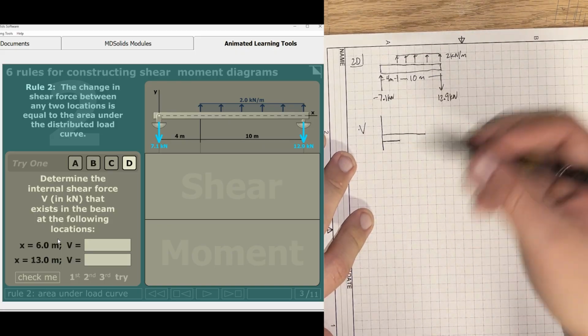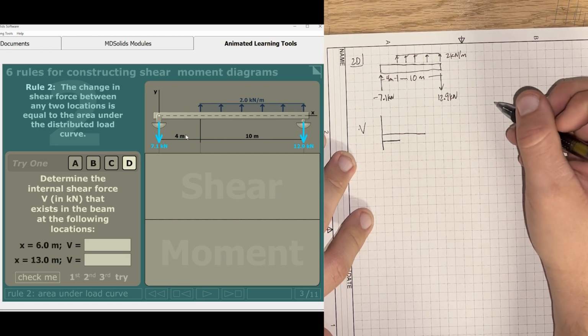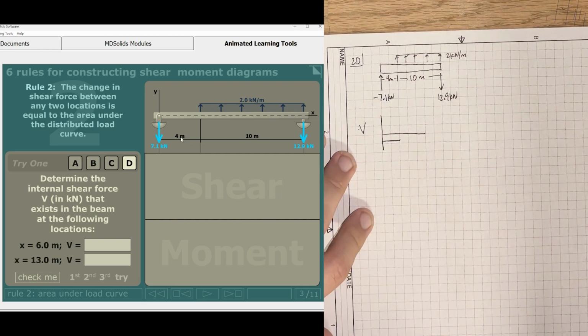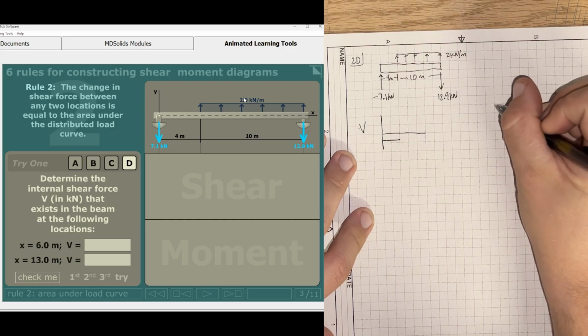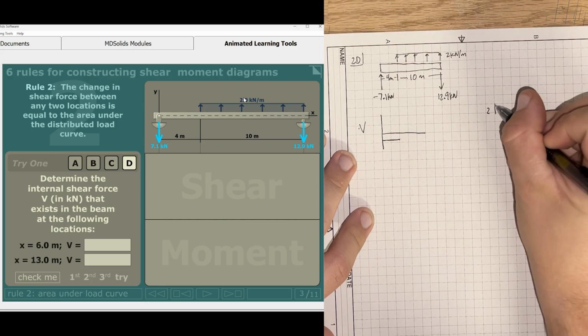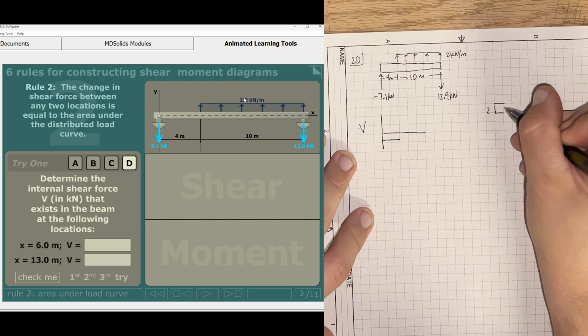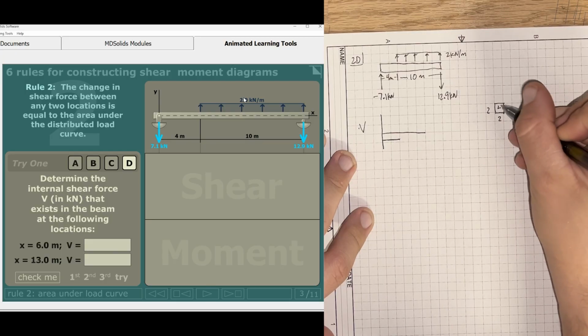And so we can determine what ends up happening whenever x is equal to 6 meters. It's starting off at 4, so we're 2 meters in. If we find our triangle here, it's 2, and then we're going 2 meters in, so it's 4 is what we end up getting.